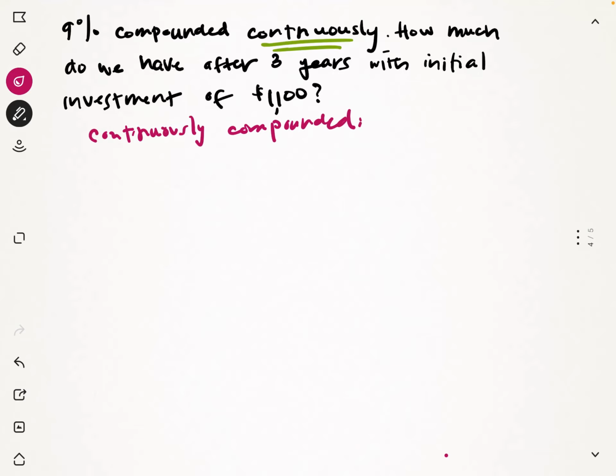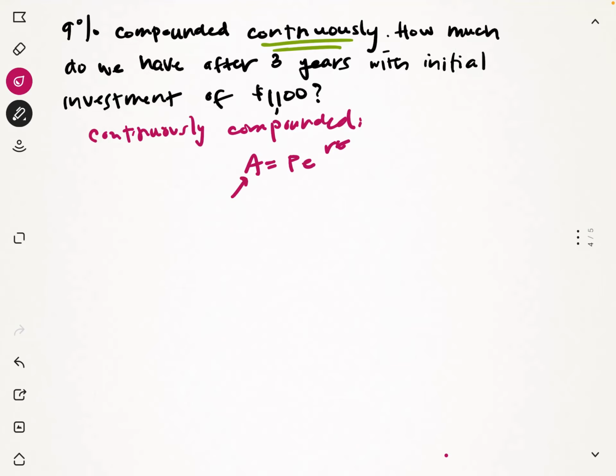Let's just make sure I'm using the right form here. So we're going to say A is equal to P e to the rt.